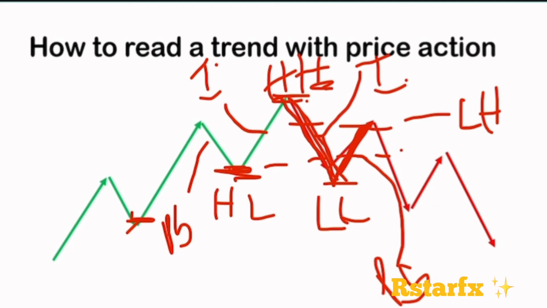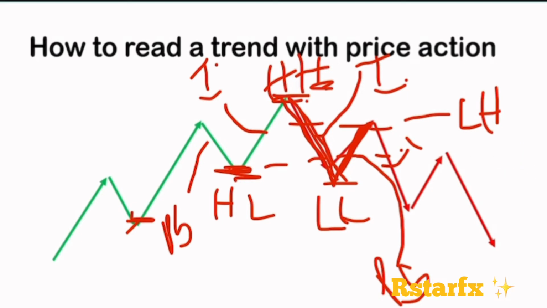So we have another impulse to the downside here, and a pullback here to form a new lower high. An impulse to form a new lower low over here.